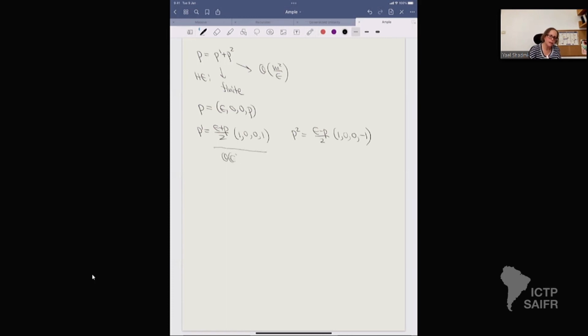It scales like E, and P2 scales like m squared over E. In this case, in the high energy limit, our two states are going to coincide with the helicity states. So I'll often call this one K and this one Q. But that's, of course, just notation.